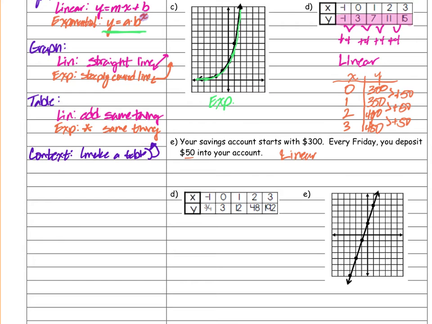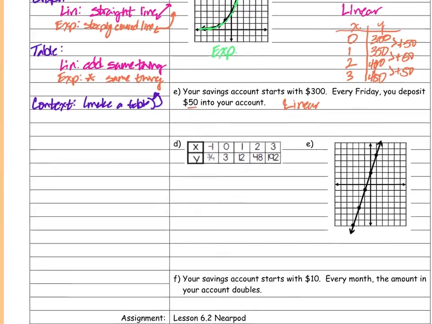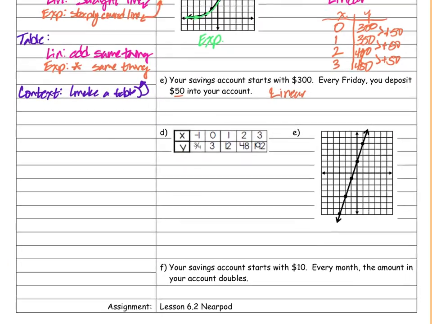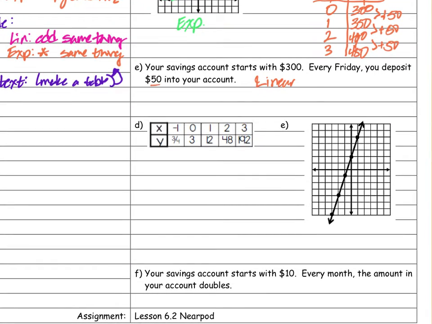Okay, let's go to D. Woo! What is D? Linear or exponential, and why?